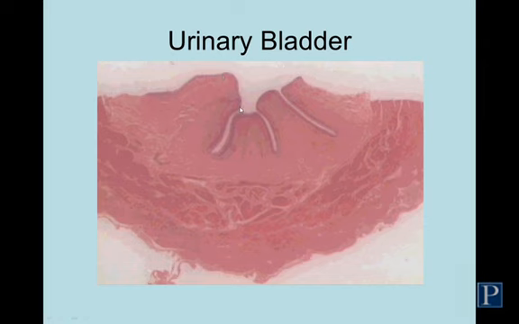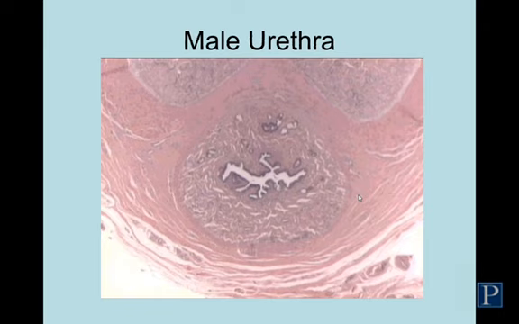Most of the wall of the bladder is actually muscular, or composed of connective tissue. So underneath the epithelium, which is this portion here, this is all composed of muscle, and deep to that you have connective tissue. So that's the wall of the bladder. Be able to identify that.